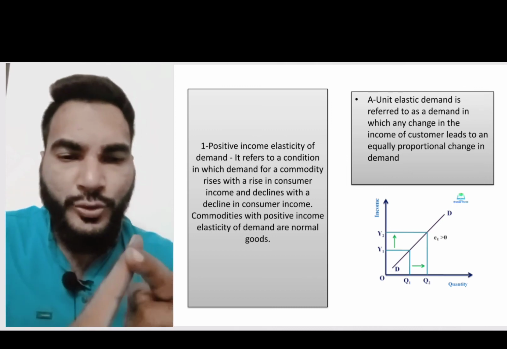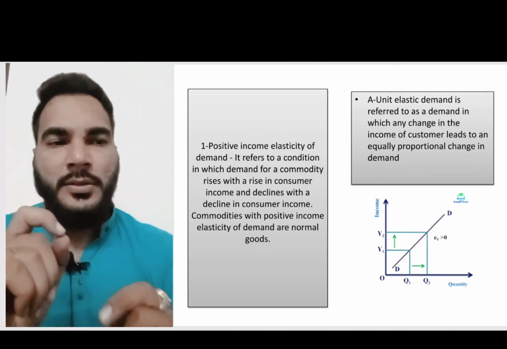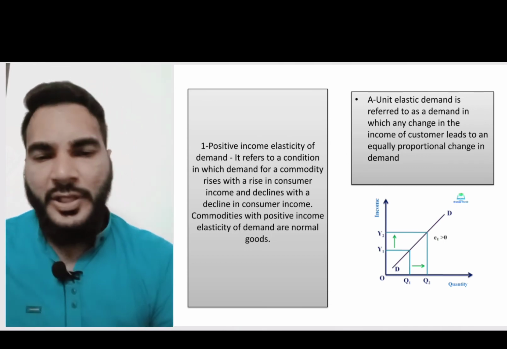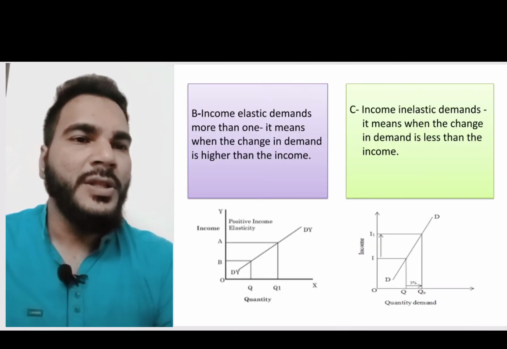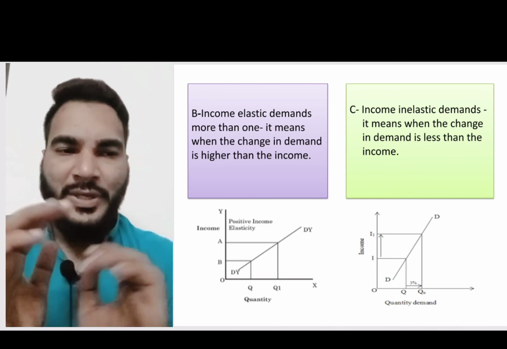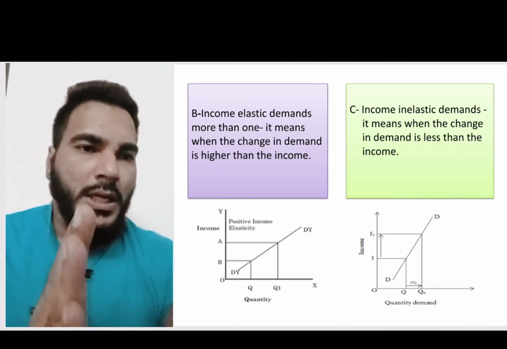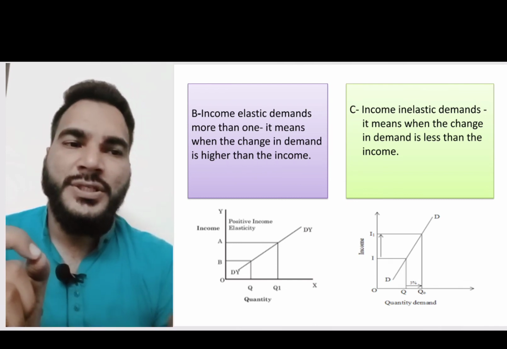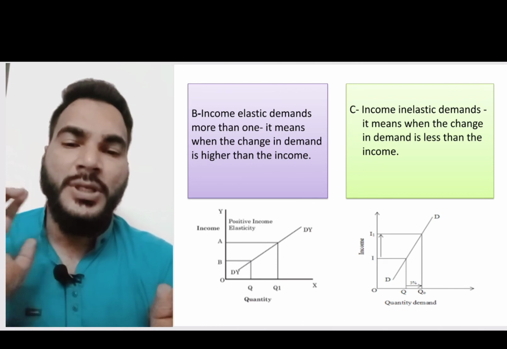That should be equal, but in positive income elastic demand, the change in demand is higher than the change in income. Then next, income elastic demand more than one. Basically, the proportion change in demand is higher than the proportion change in income.